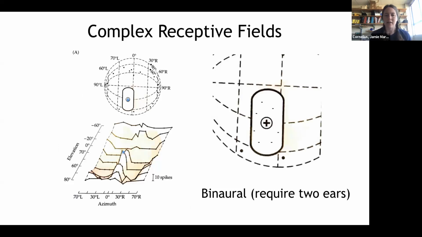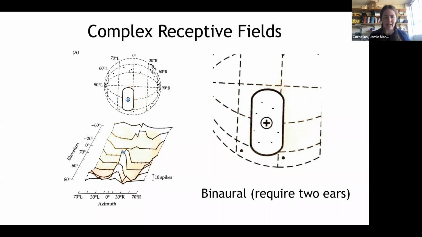So here's an example of these more complex receptive fields. So we have our receptive field. I tried to do some little animations. They're super simple. See how it goes. If you look at this receptive field in the globe, on the upper left, you can see I put a blue dot there in the positive region.